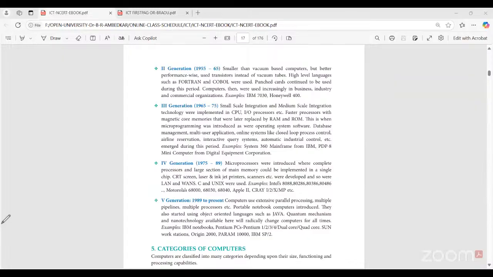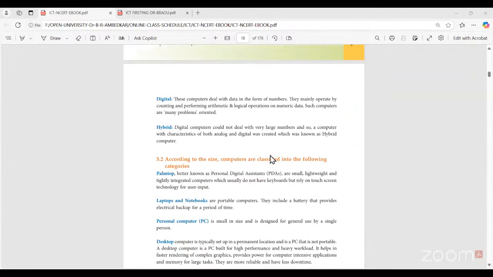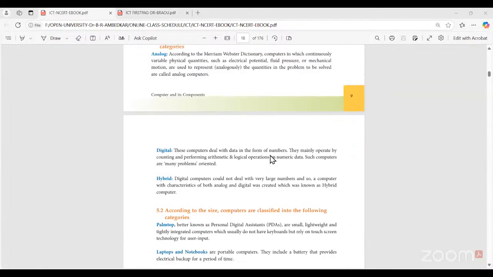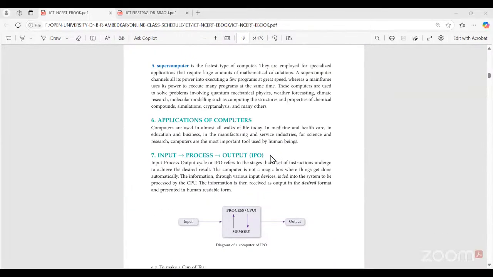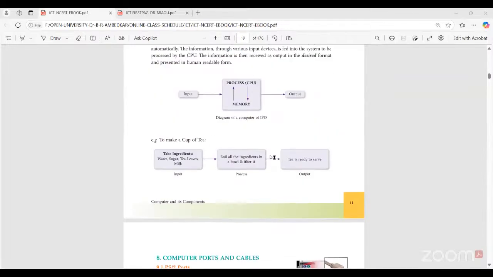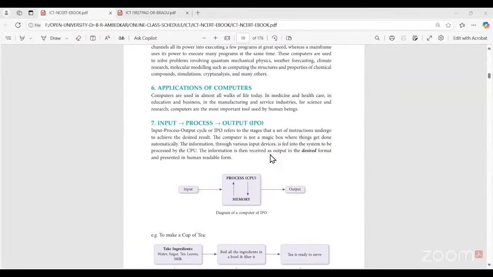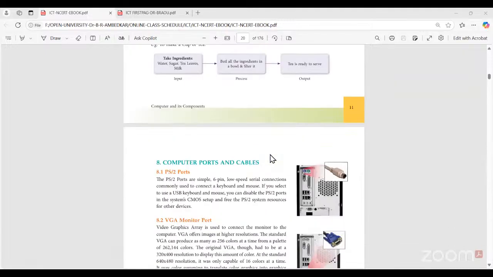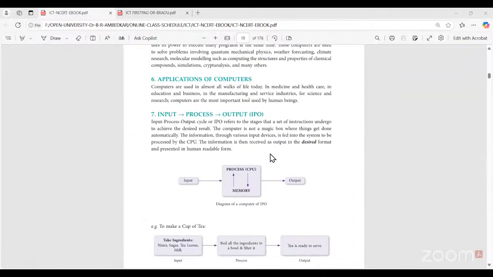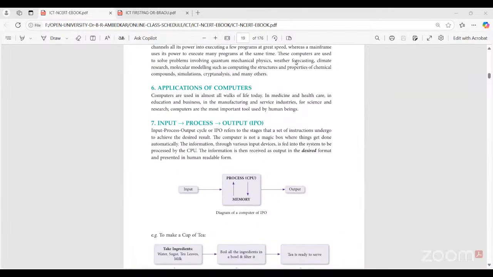Next one is the basic point of how they process the data. Now see this diagram.